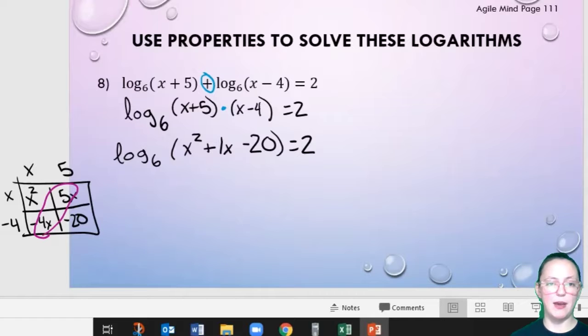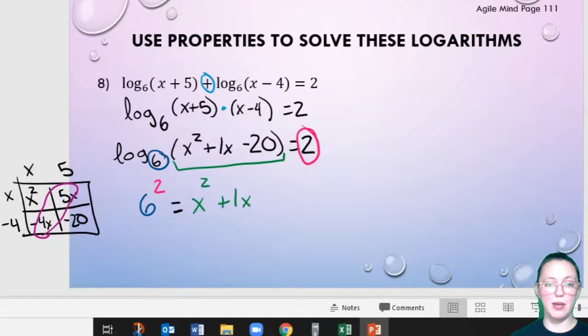So we are going to have our base, our power, and our argument, and we are going to reset this into exponential form. So we're going to have 6 squared, there's our base and our exponent, equals our argument, x squared plus 1x minus 20.